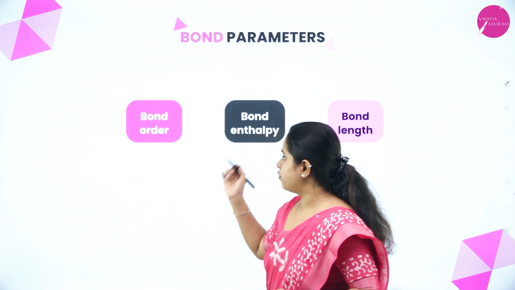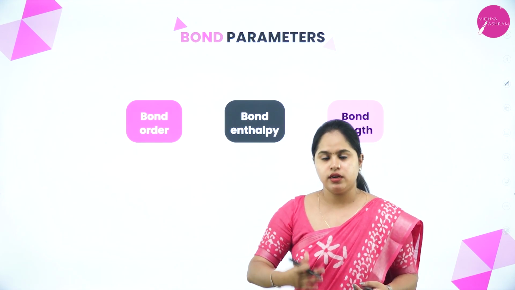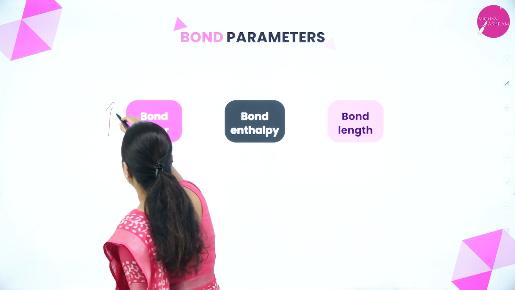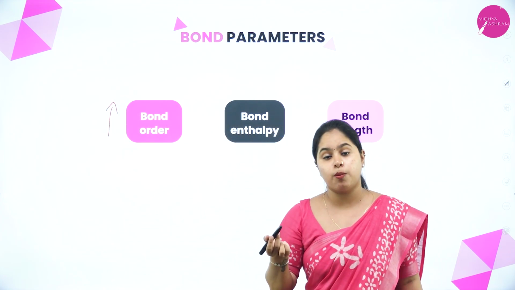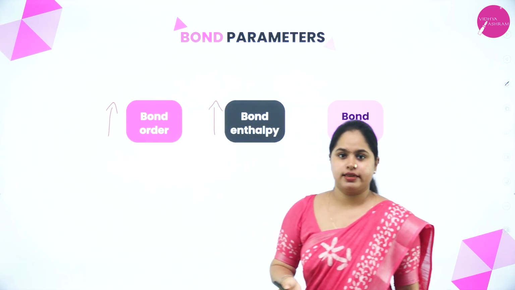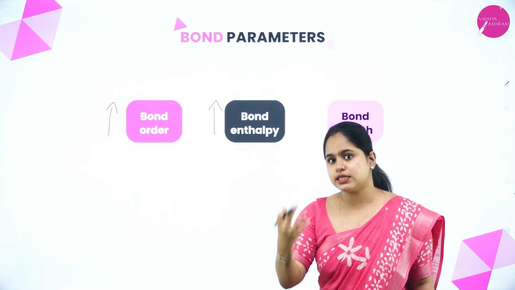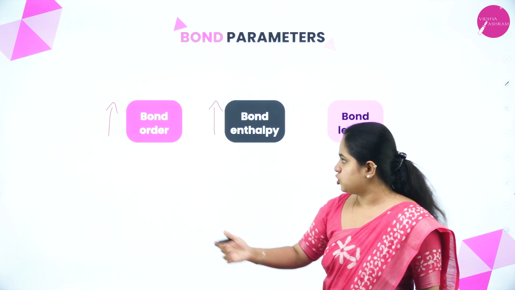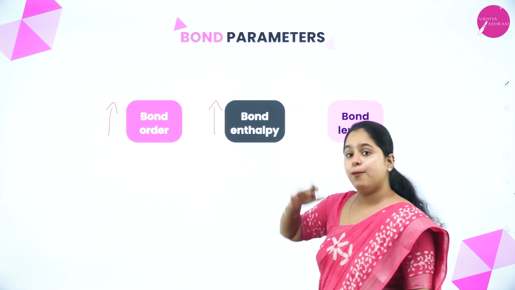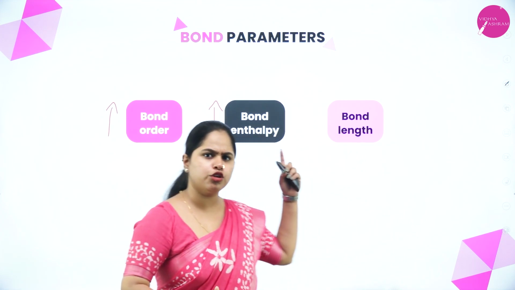If the bond order is increasing, from 1 to 2 to 3, then the bond enthalpy also increases, right? What did we study? For a triple bond, the highest enthalpy is required. So from 1 to 2 to 3, if the bond order is increasing, bond enthalpy is also correspondingly increasing. Now, what about the bond length?